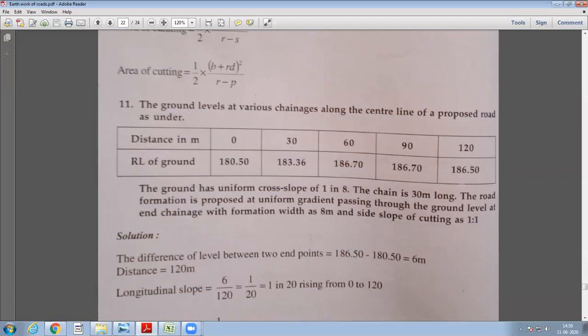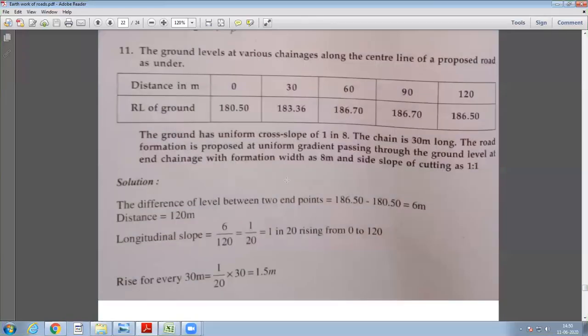So you can observe they have not given the formation slope, whether it is in rising gradient or falling gradient, they have not mentioned, but they said the road formation is proposed at uniform gradient passing through the ground levels at end chainages.